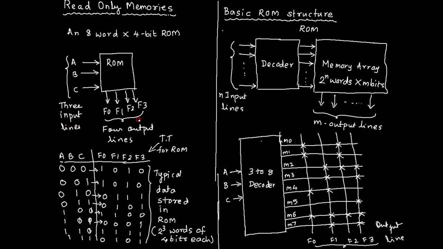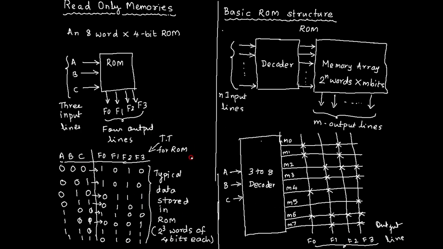So 3 input lines are connected to the decoder, which in turn can store 8 different 4-bit values of output, which can be connected to F0, F1, F2, F3.